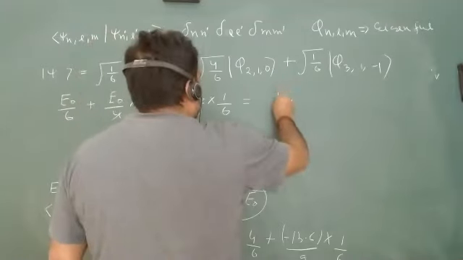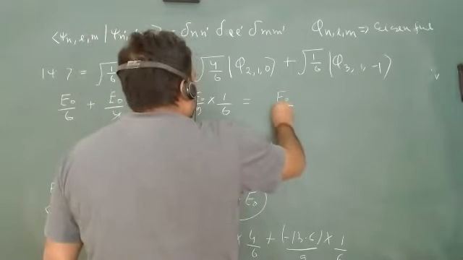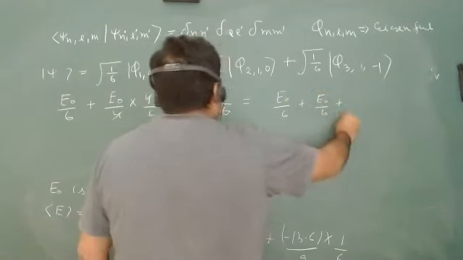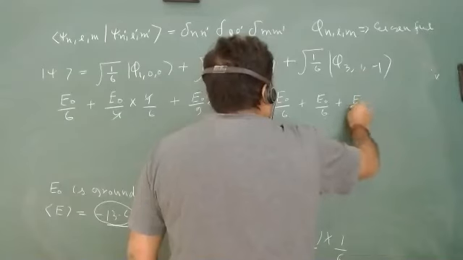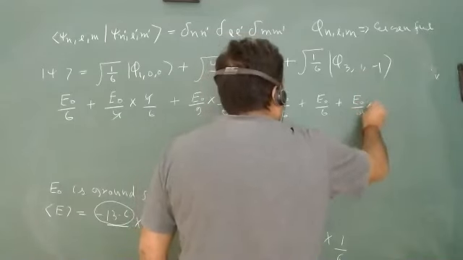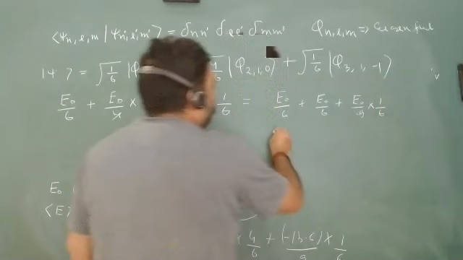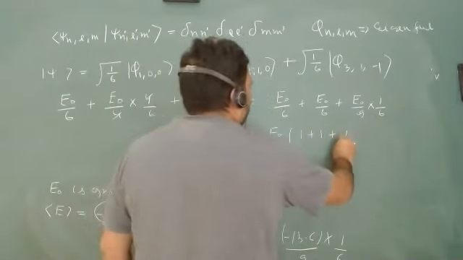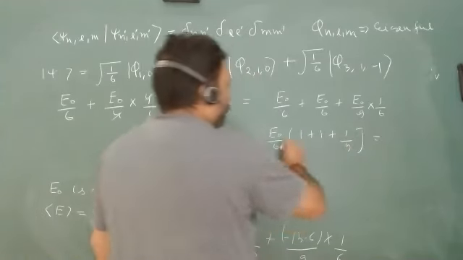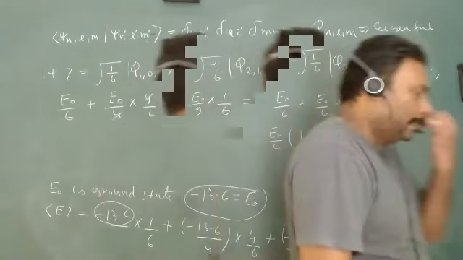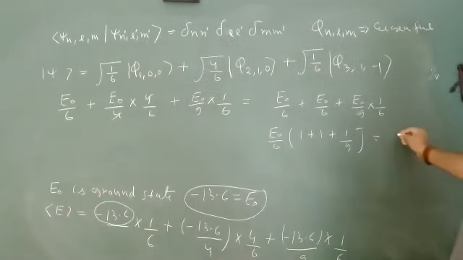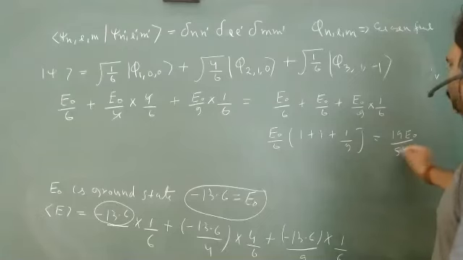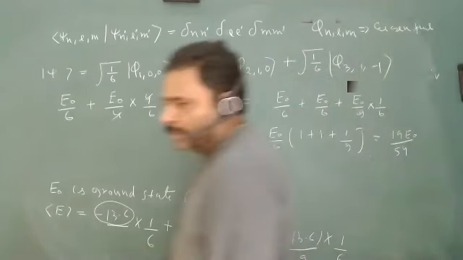So this will be E naught upon 6 plus E naught upon 6 plus E naught upon 9 into 1 by 6. So you have E naught upon 6 as common, 1 plus 1 plus 1 upon 9. So you can write 9 plus 9, 18, plus 1, 19. So 19 E naught upon 54. If I am not wrong, I think this is the answer.